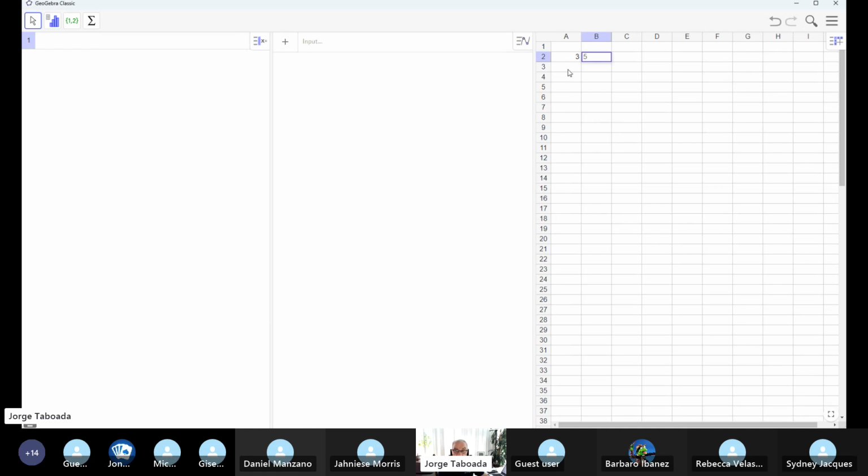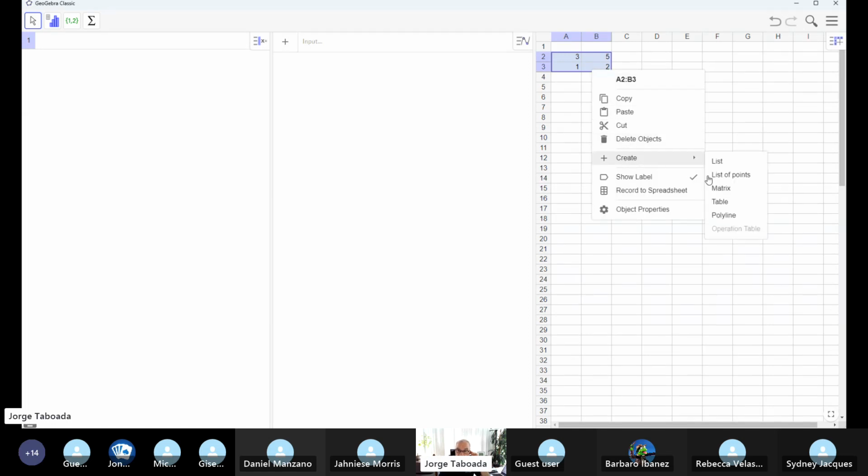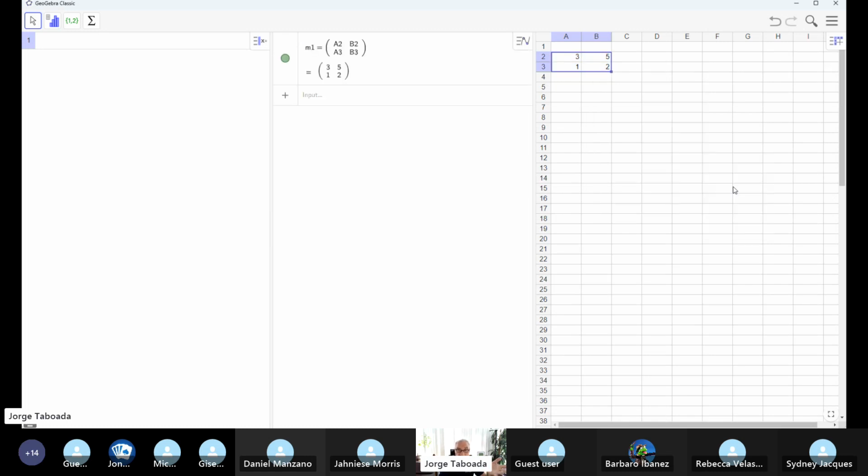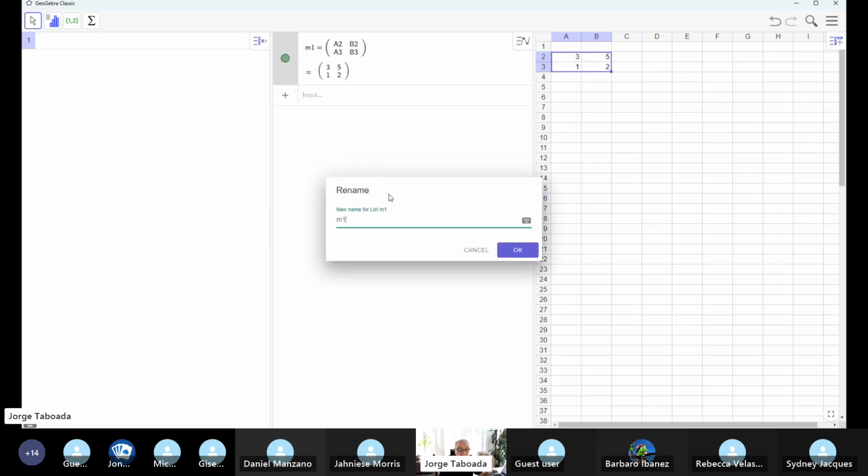Okay, this is my matrix A. I create a matrix. The reason is that in the matrix editor you have an array of numbers, but you want to categorize it as a matrix, or just a table, or just a list. But no, it's a matrix because I am working with a matrix. I rename it A.